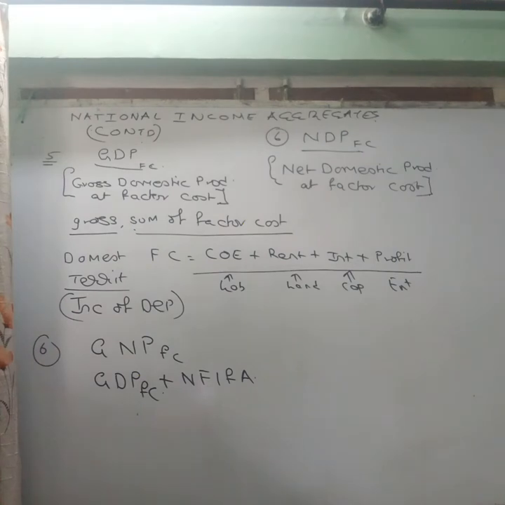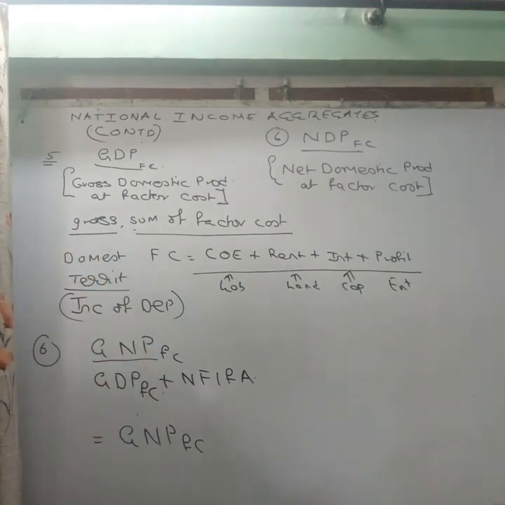It is the sum of GDP at factor cost and net factor income from abroad.